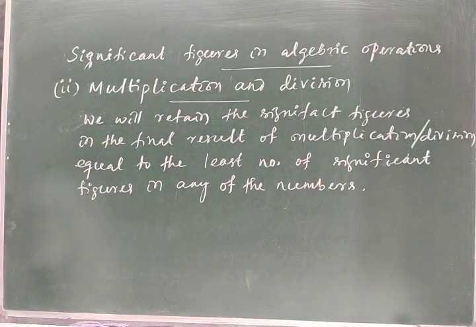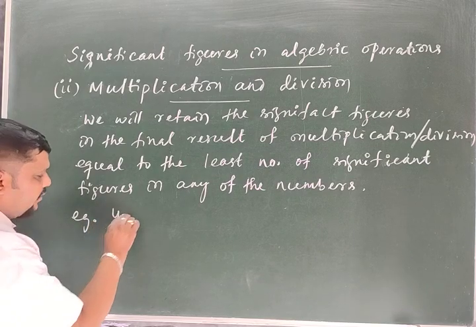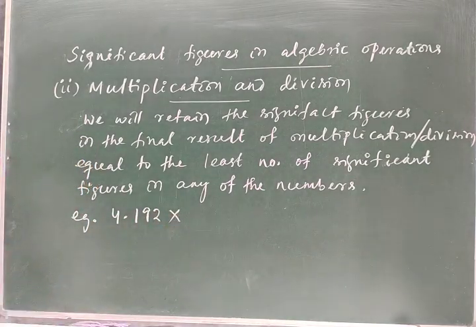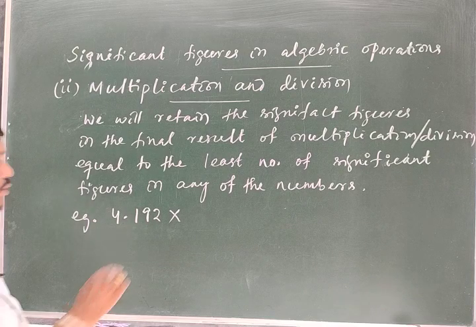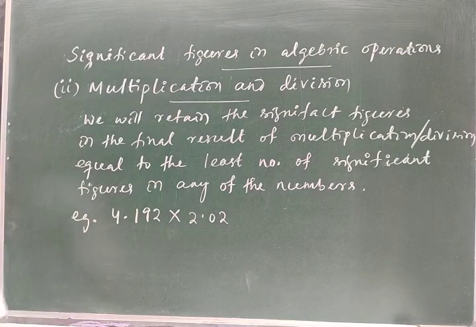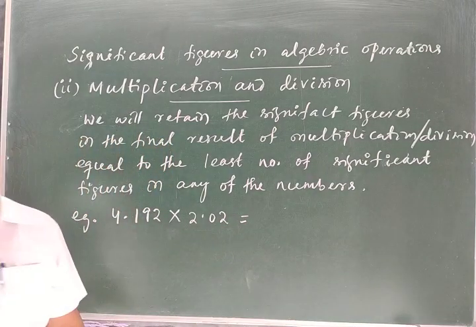So let us take an example. Suppose I take 4.192 multiplied with 2.02. Now multiply. Use your calculator and multiply.